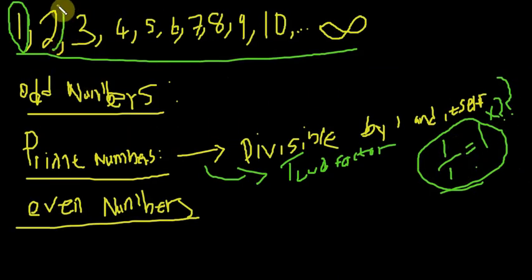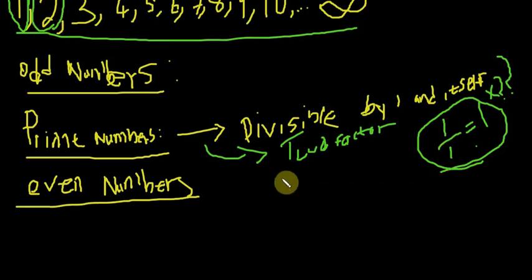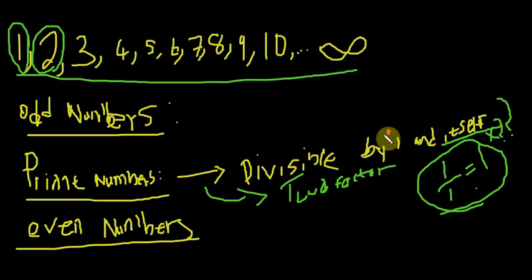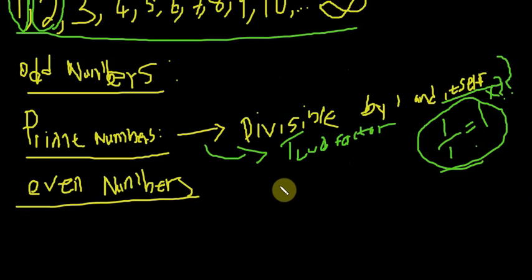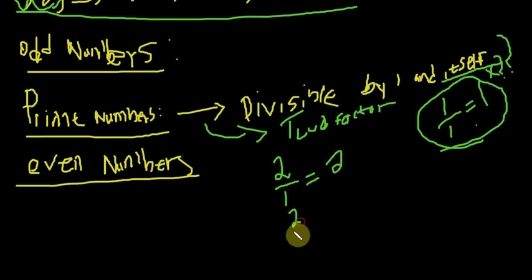Let's go to 2. 1 is only divided by 1, so by definition, 1 somehow does not fit in the definition of a prime number. So let's look at 2. 2 divided by 1 gives us 2. 2 divided by 2 itself gives us 1.